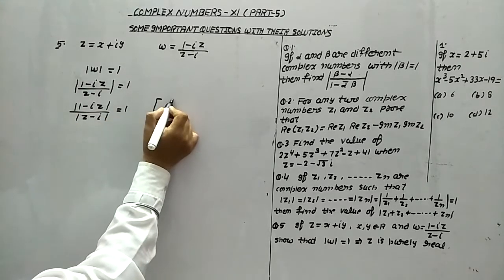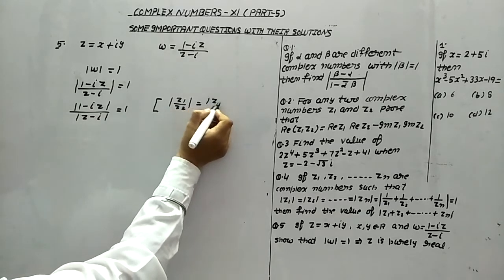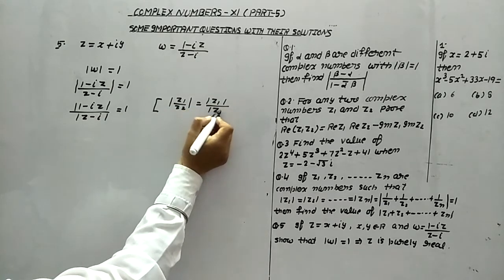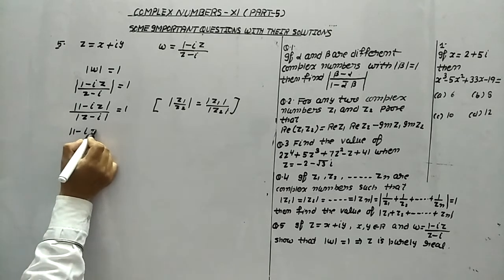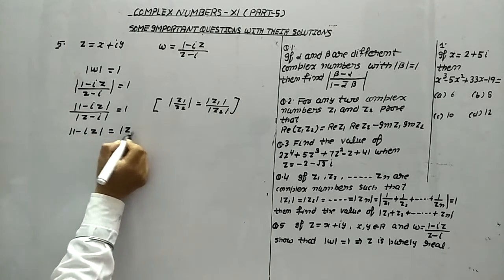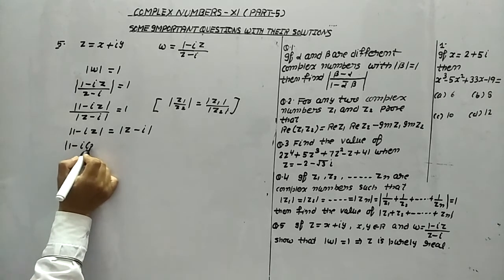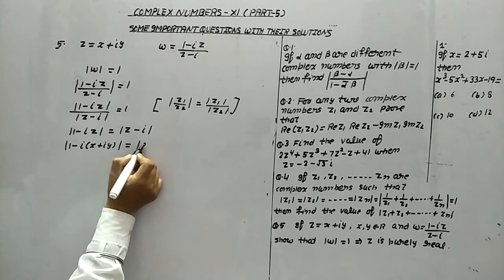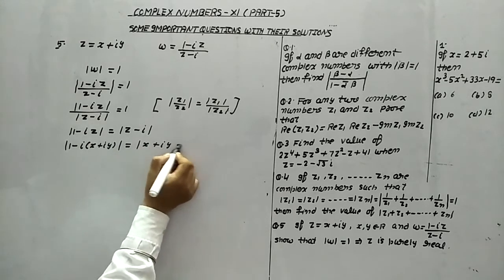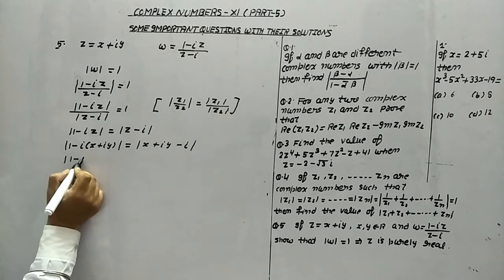Here we will apply the property modulus of z1 upon z2 is equal to modulus of z1 upon modulus of z2. Now cross multiplication: this is modulus of 1 minus iz and this is modulus of z minus i. Now substitute the value x plus iy. This is x plus iy minus i, and this becomes 1 minus ix.